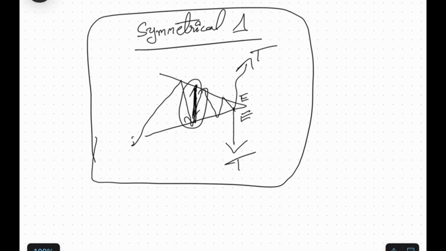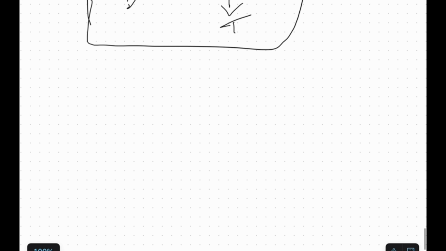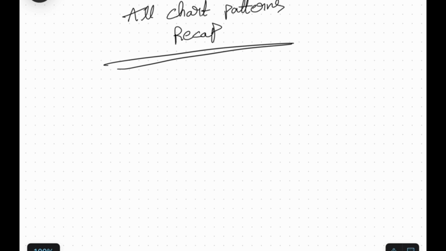Let's see the recap of what we have discussed here. All chart patterns, I will explain what we have done. Recap. One is reversal patterns. Second is continuation patterns.